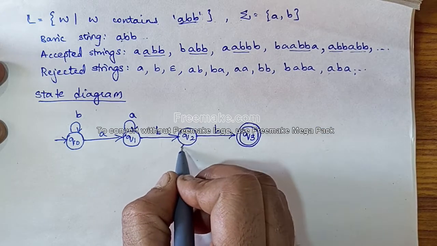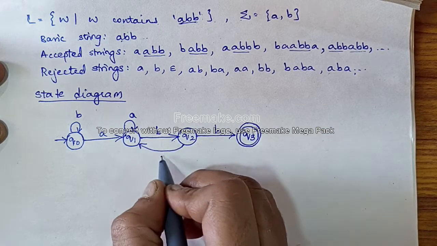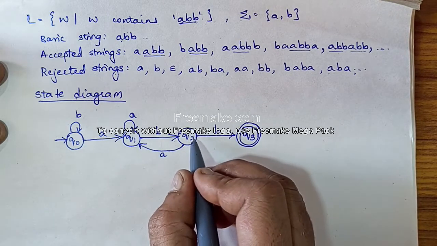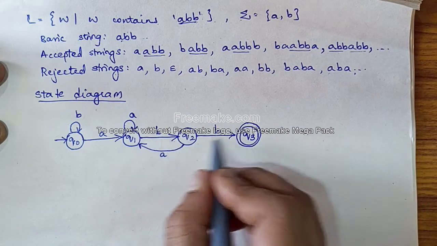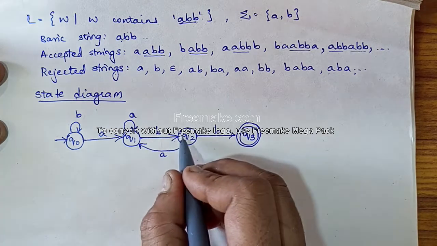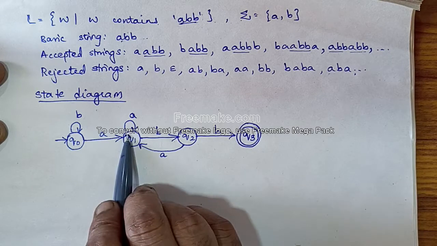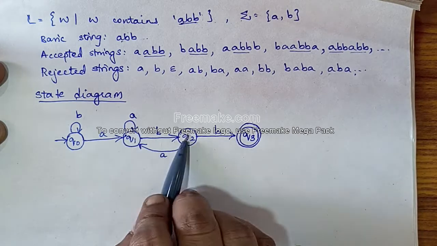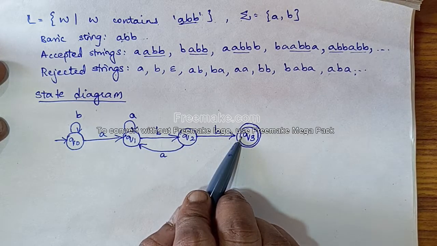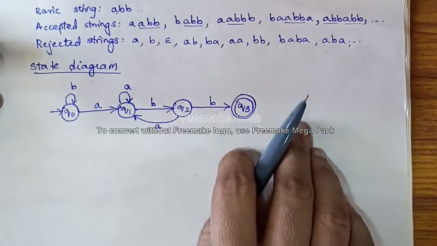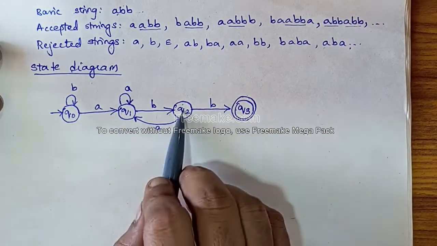Instead, I come back to Q1. If I get an A at this point, I'll have to get another B and B to reach the final state. Then I can say that this is a valid string. So A, B, A, B, B, I'll come back to Q3 with an ABB substring. So again in Q2, I have handled A and B.